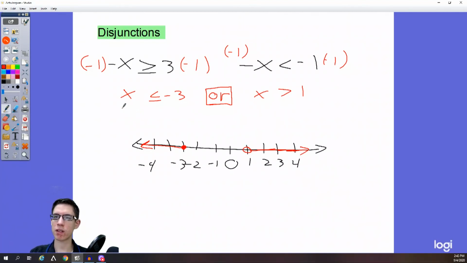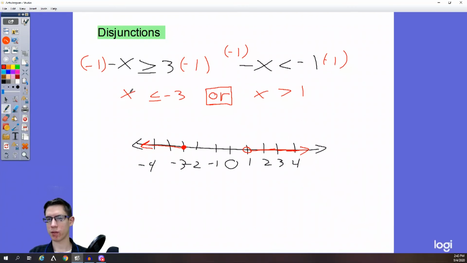Anything that hits into this thing, even if it doesn't fit in here, as long as it fits into this rule on the left, it satisfies the inequality. If it fits in the rule on the right, but doesn't fit into the rule on the left, it still satisfies the inequality. So 4 works, even though it doesn't fit here, it does fit here. 4 satisfies this, therefore it satisfies the entire statement.